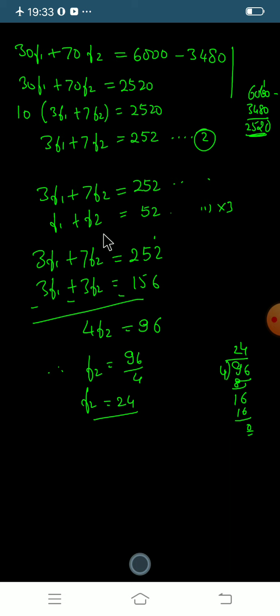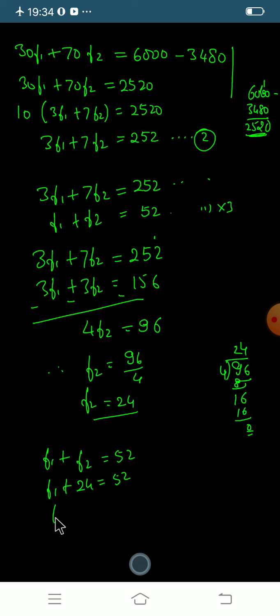In this equation we have to substitute the value of F2. F1 plus F2 is equal to 52. So F1 we don't know. F1 plus F2, 24, is equal to 52. Now let us carry this 24 to this side.